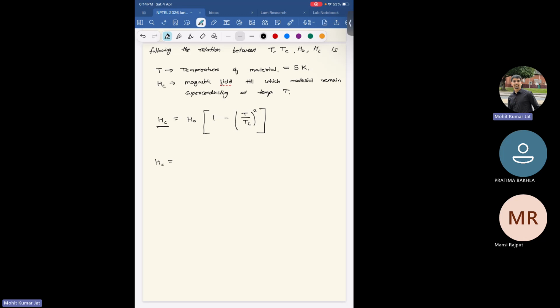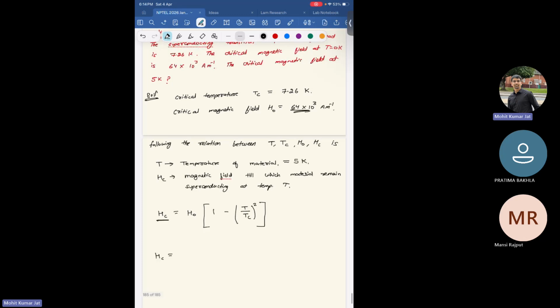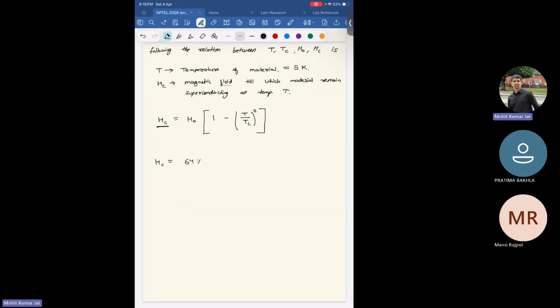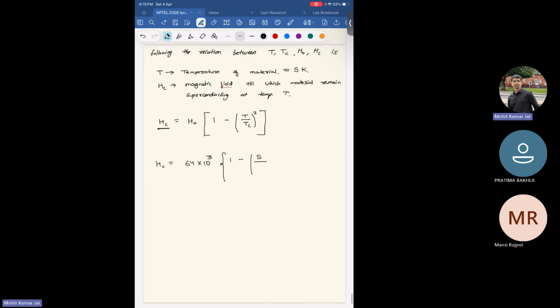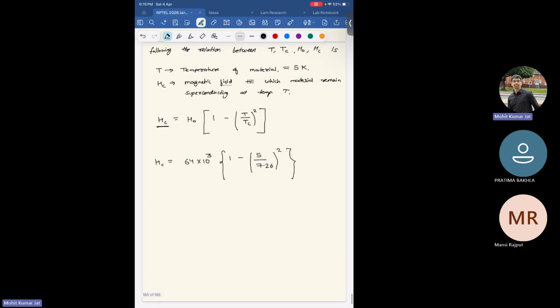Hc is equal to H naught, which is given as 64 into 10 power 3, times (1 minus the temperature T of 5 Kelvin divided by the critical temperature Tc of 7.26 Kelvin) squared. Let's do the calculation.